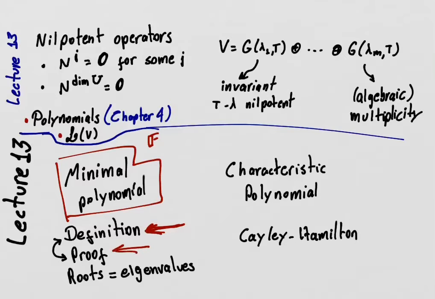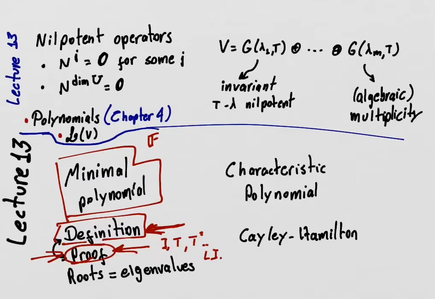I saw that some students understood the proof so well that later on they were trying to prove that a certain polynomial was indeed the minimal polynomial of a given operator by actually going through the proof and talking about whether T, identity, T squared, etc. are linearly independent. All these things are inside the proof. But sometimes it's easier to just check the definition. And the definition makes sense, it is well defined, exactly because we proved it. So it is good to look at the definition.